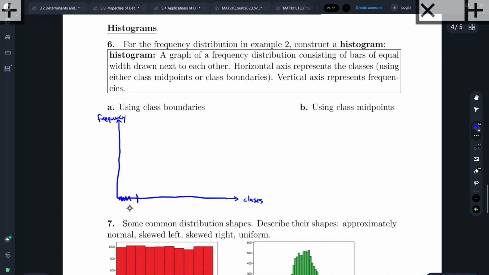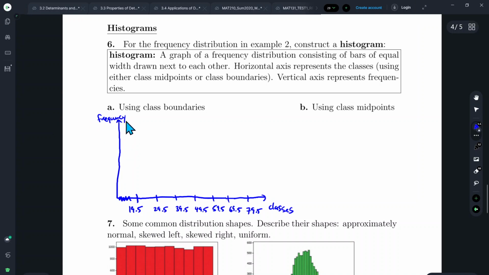So we're going to start from 19.5, and then the next one would be 29.5, 39.5, 49.5, 59.5, 69.5. Then I don't have enough space, so let's make this a little bit longer. And then 79.5. So the classes go on the horizontal axis, and the frequency goes on the vertical axis.